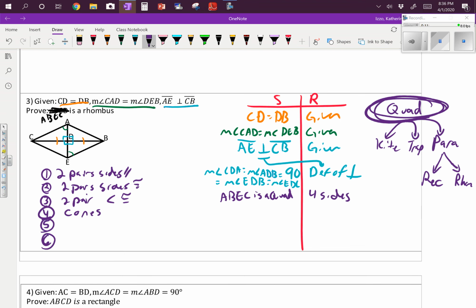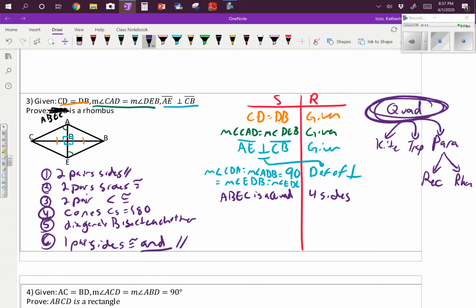Consecutive angles equal 180. Diagonals bisect each other. And 1 pair of sides congruent and parallel. Okay.